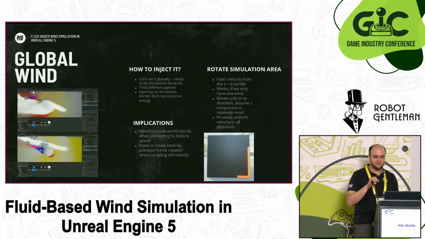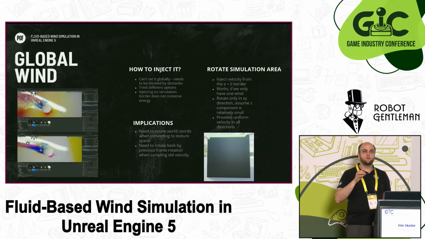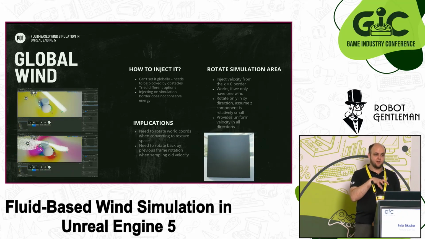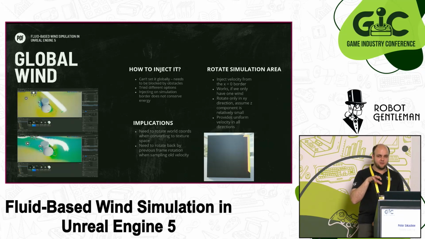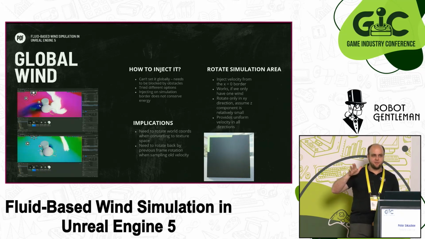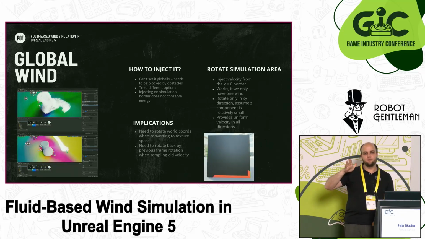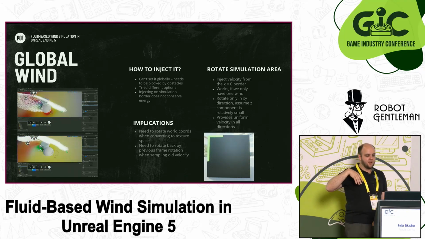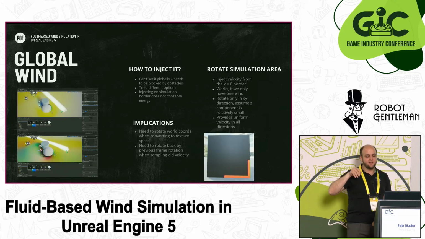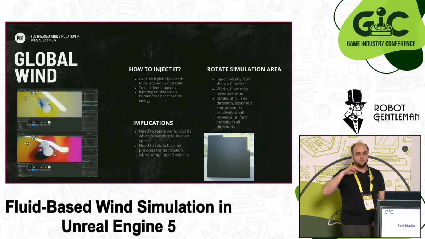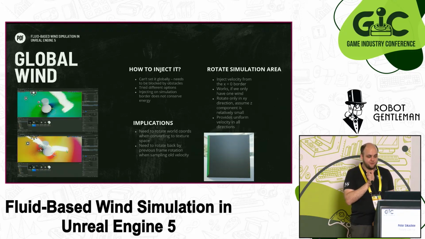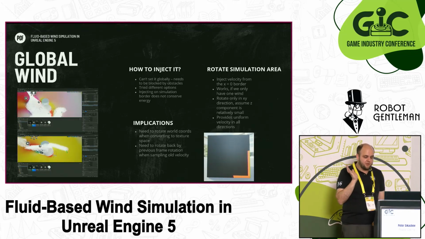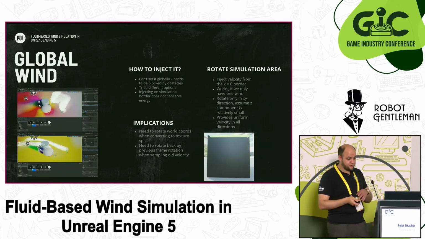What I mean by consistent is that our simulation area is square. If our wind is blowing, let's say, from the x direction, we just inject everything along the x-axis. But if it's blowing at 45 degrees, then we somehow need to do something different. We tried different stuff.